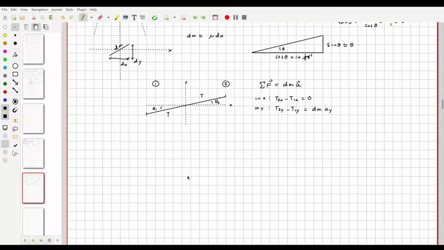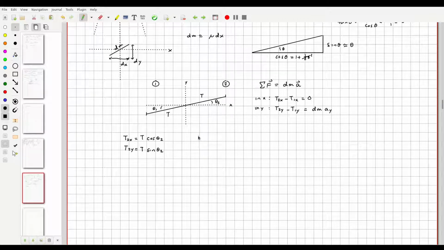Okay, so here T2x would be the adjacent part right here, which is going to be T times cosine of theta 2. T2y is going to be the opposite side, which is the sine part, so that's T times sine of theta 2.